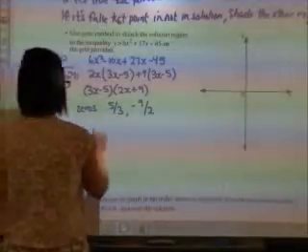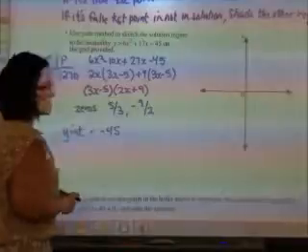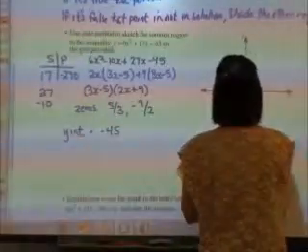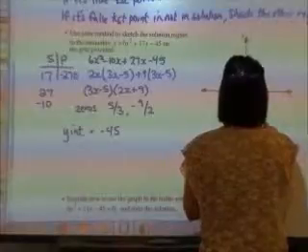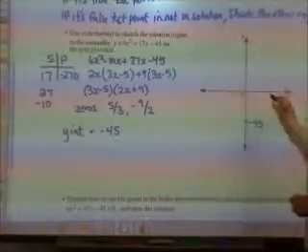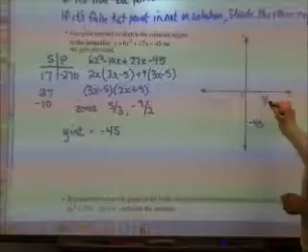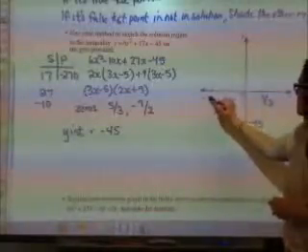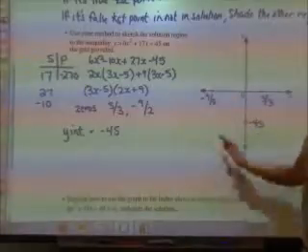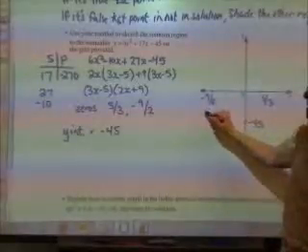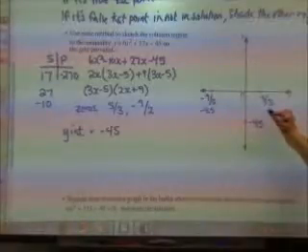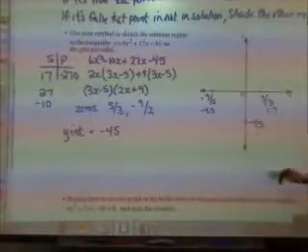Negative 45. This is when x is equal to 0. So now I can graph this. I have a negative 45, I have a 5/3, and I have a negative 9/2. So negative 9/2 is negative 4.5, and 5/3 is about 1.7.